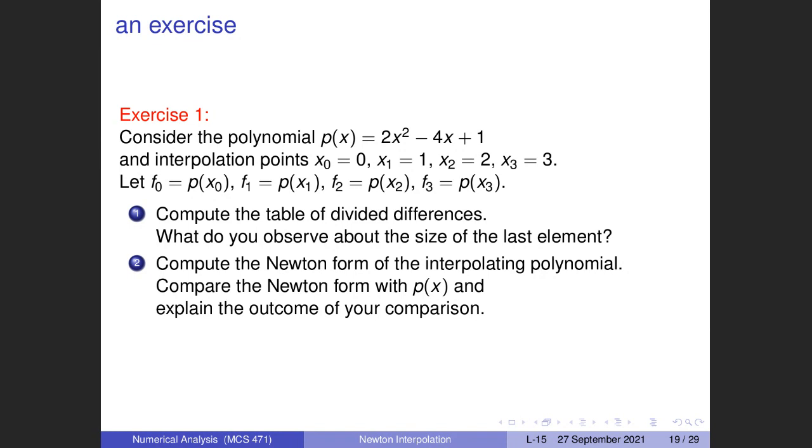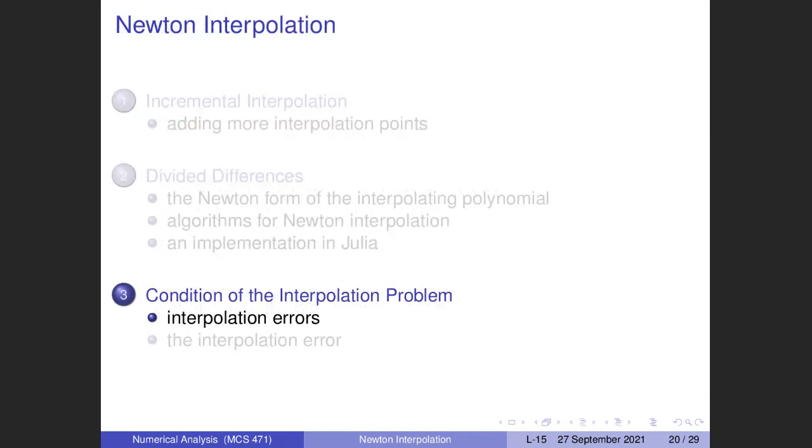And this is where you have to use the explanation of the uniqueness. It cannot be a cubic polynomial. The Newton form is also a quadratic. So if you compare the Newton form with the given polynomial, you will see that both of them are quadratic polynomials. All right, let's now go into the remaining part.